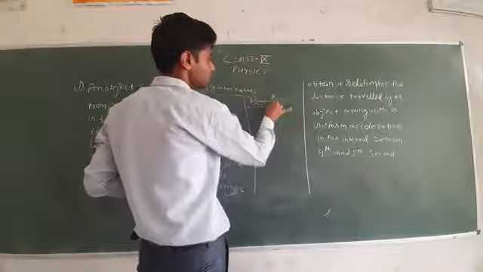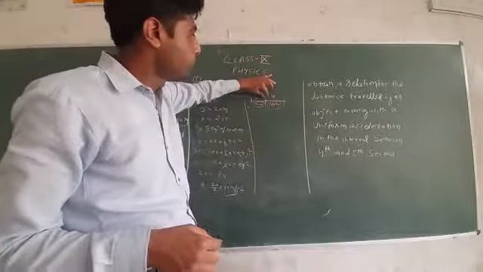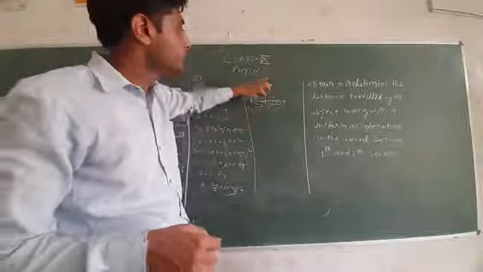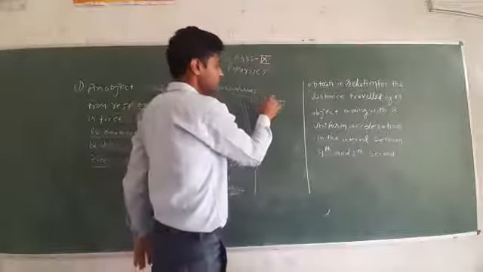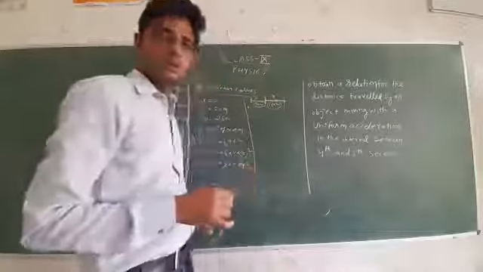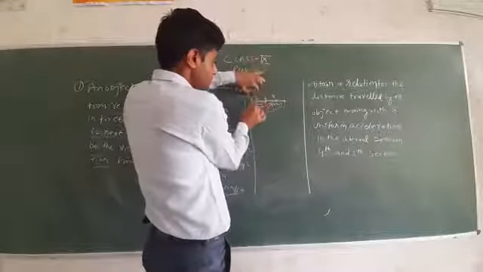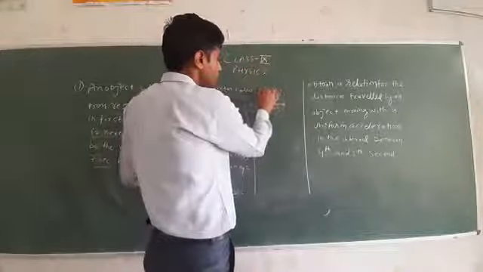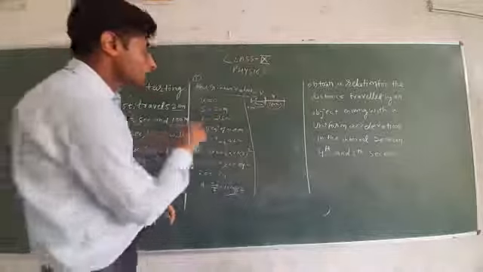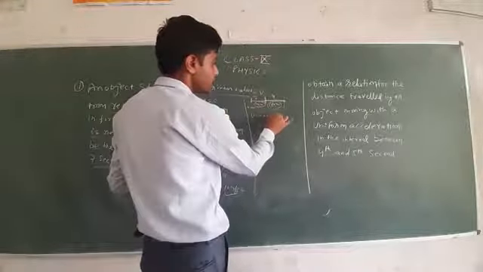It means the final velocity of the object behaves as the initial velocity for this second part. For the first part, initial velocity u is 0 and we have to find v equal to u plus at.